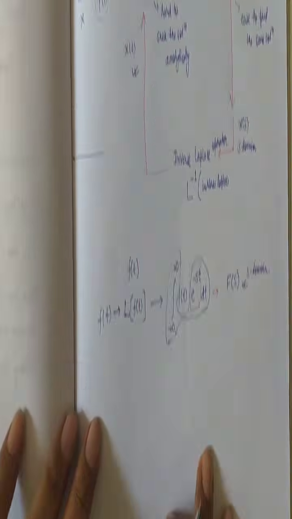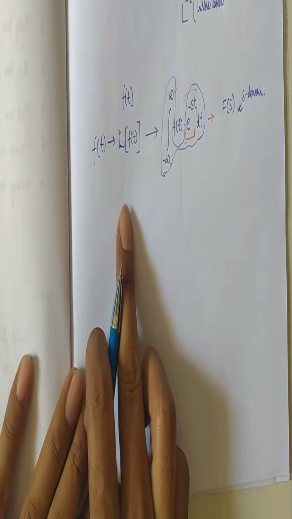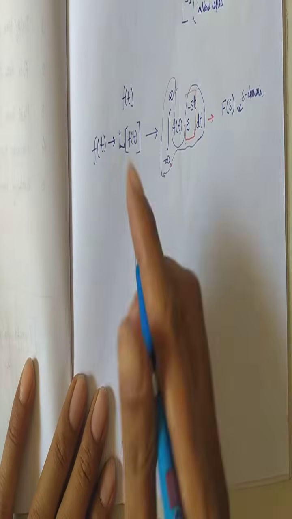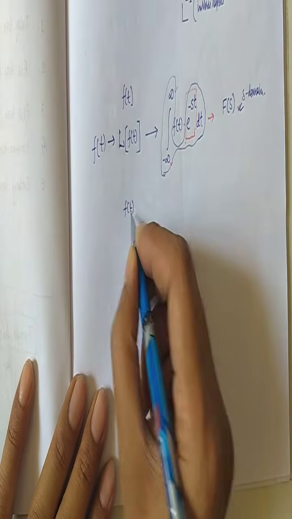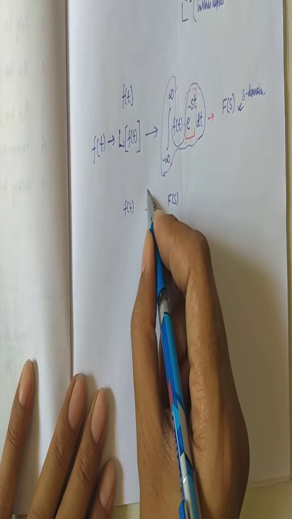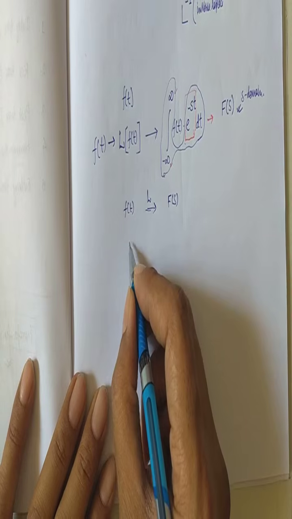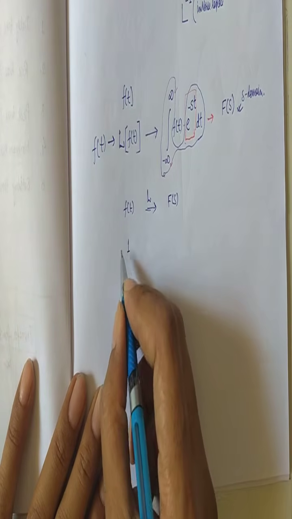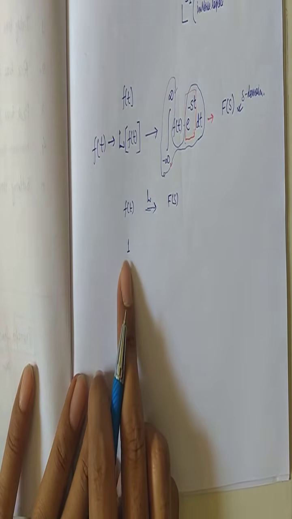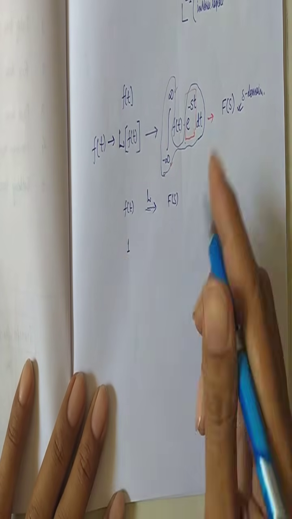So let's take a few examples of familiar functions that are being operated on. Let's suppose my f(t) is unity, 1. When f(t) is operated with this L operator, you get F(s).